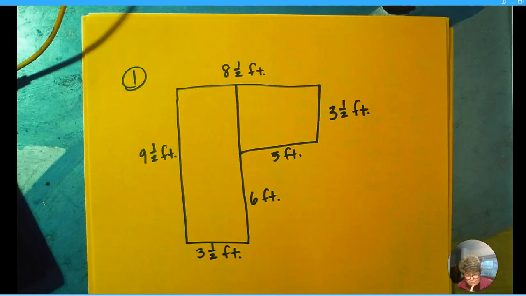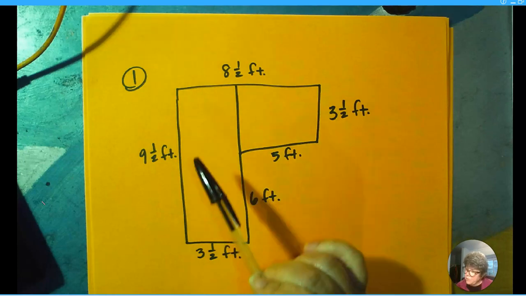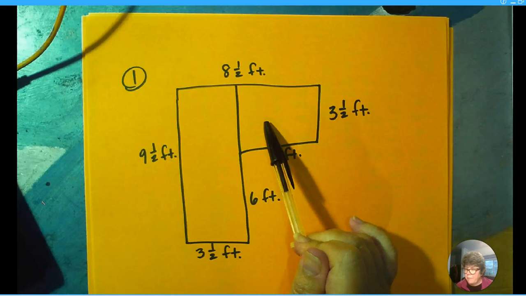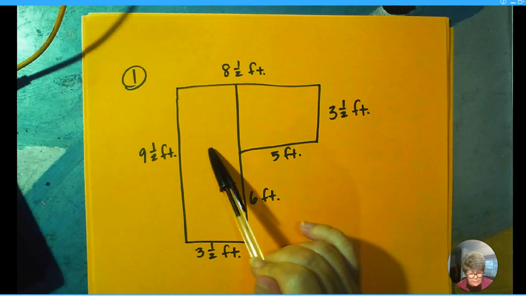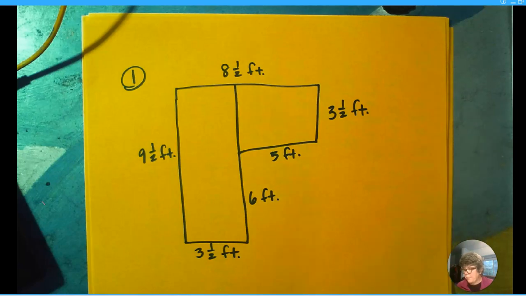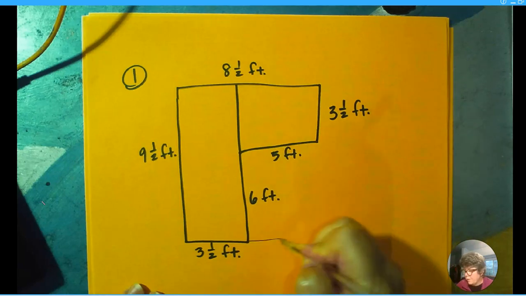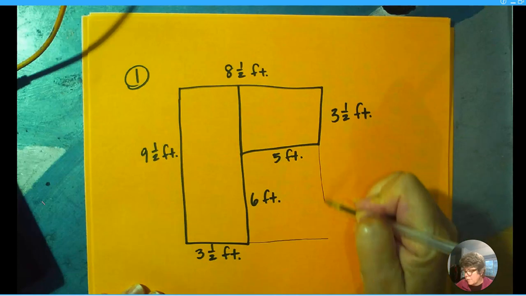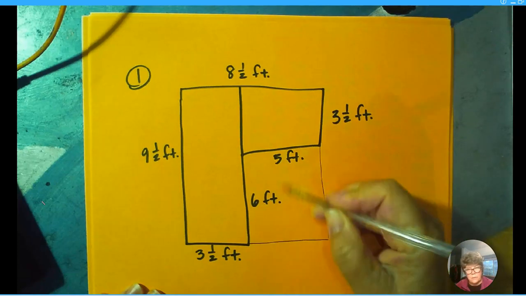And in your book for problem number 1, why don't you start working on that and thinking about it? Do you want to decompose it into 2 smaller pieces and find the area of this one and then the area of this one? Do you want to think about the whole thing and then subtract this one?